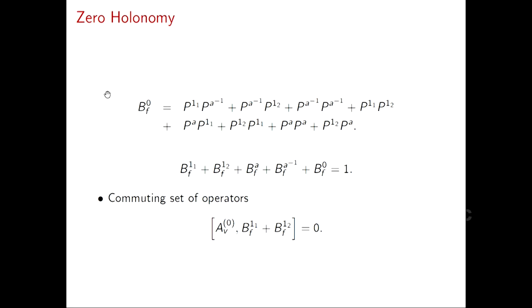For example, I cannot multiply the 1 with A inverse, so it will contribute to the 0 flux, and so on. I cannot multiply an A with an A, or a 1, 2 with a 1, 1, because their sources and targets are not compatible. Therefore, unlike the finite group case, you have a new operator here, which appears both in the vertex and in the phase operators. I need to add this BF0 operator if I want to span the full Hilbert space.